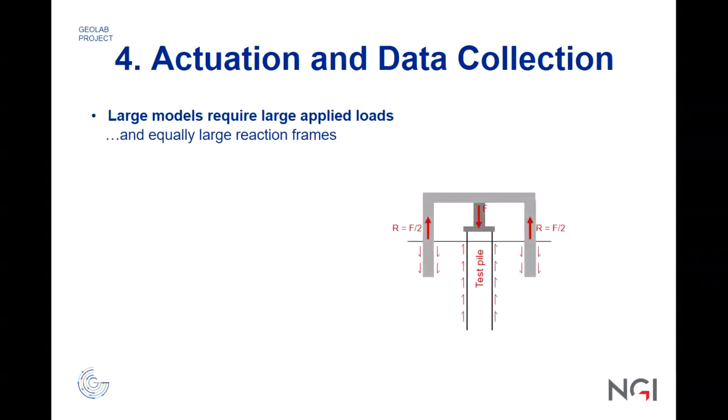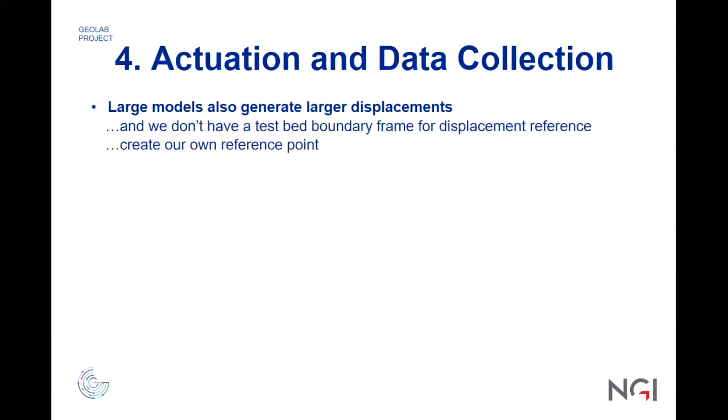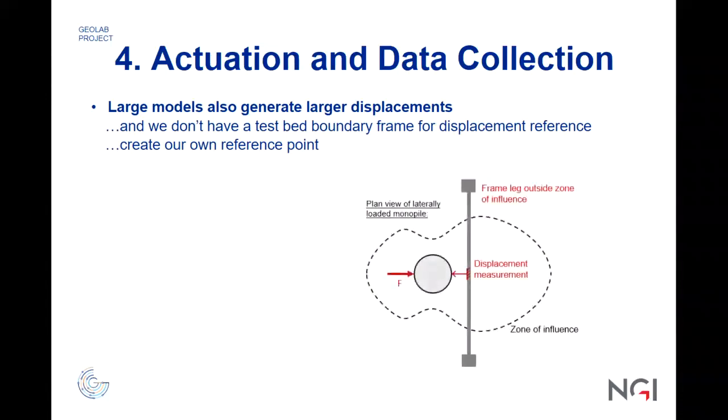And then this is a loading frame to test vertical loading for reactions, resistance, and pull-out capacities, a PI test in the field. Another issue is that large models also generate very large displacements, which means we don't have a test bed boundary frame for displacement reference, and we have to create our own reference points.